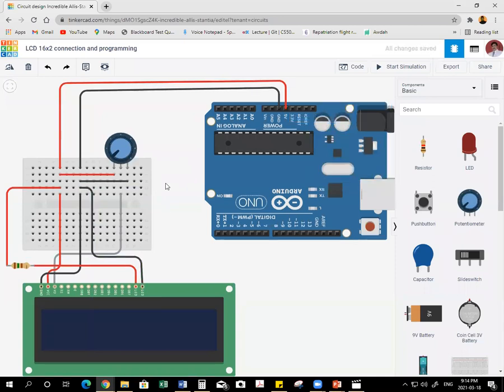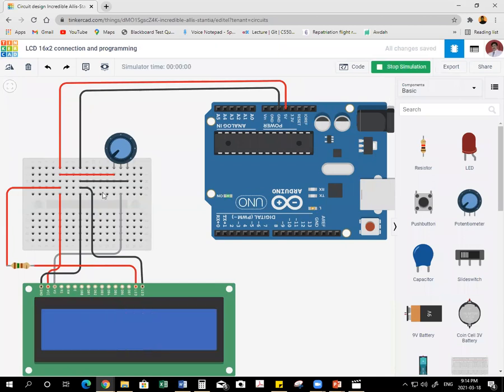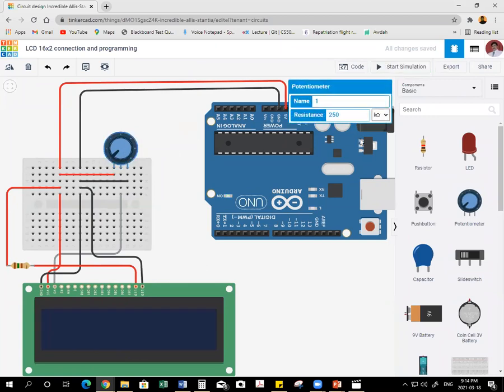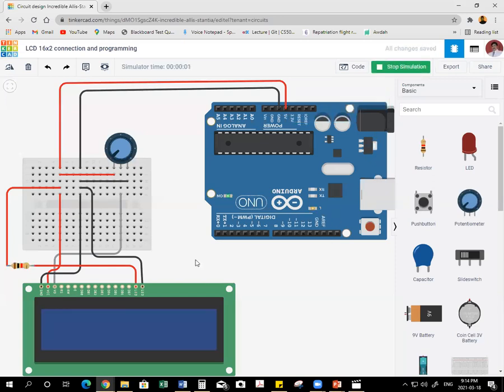Ground, mainly. Now I can start the simulation, because here I want to show. It is broken. Why? Because we didn't set this. We have to have 10 kilo ohms, and the resistance also needs 1 kilo ohm. Let's check. Start simulation. Yes, now it's working. Now see, this is the brightness.